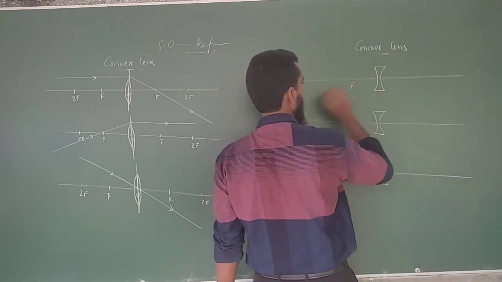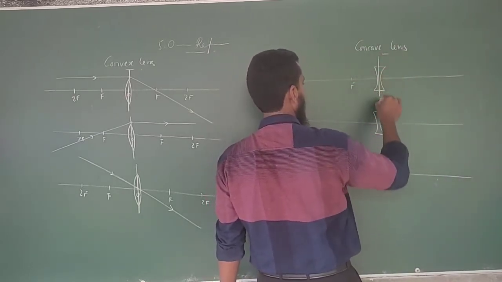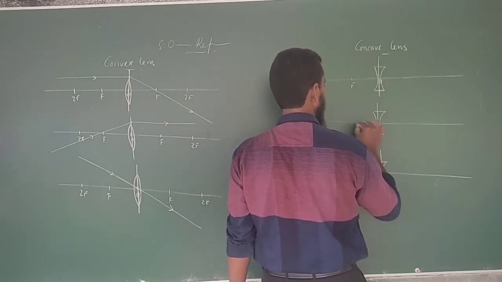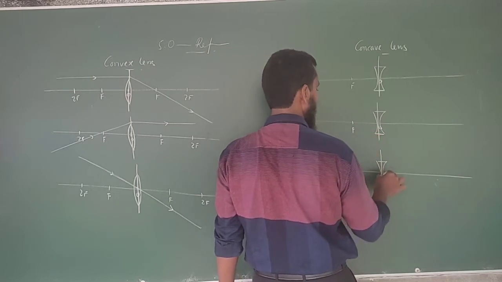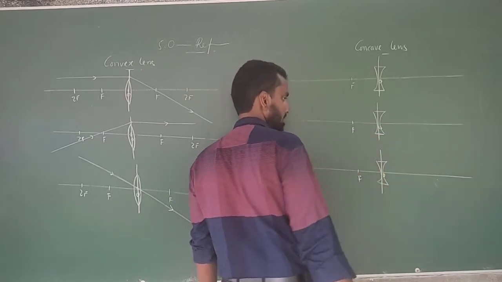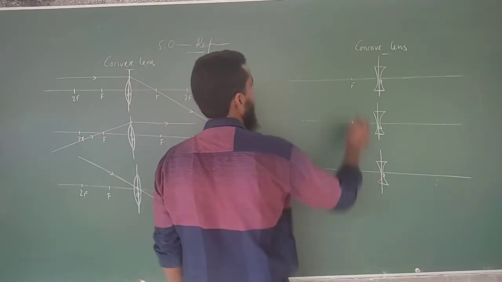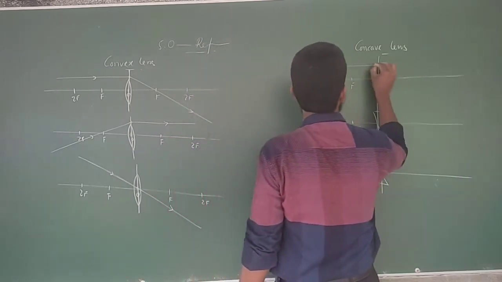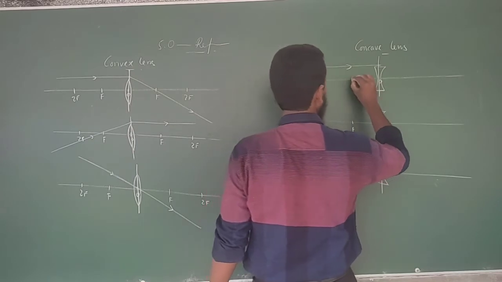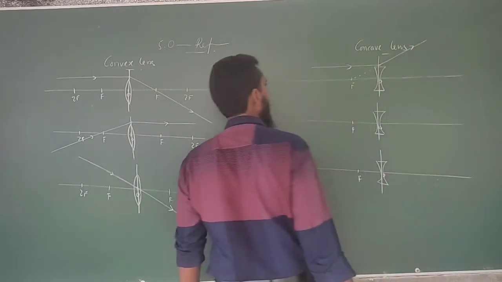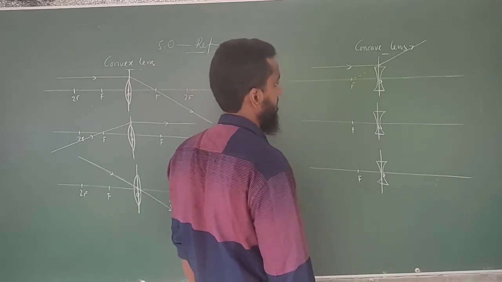Right, we consider the focus and the optical center; it doesn't require other parts of the lens. First, the ray which is coming parallel to the principal axis goes through the focus.